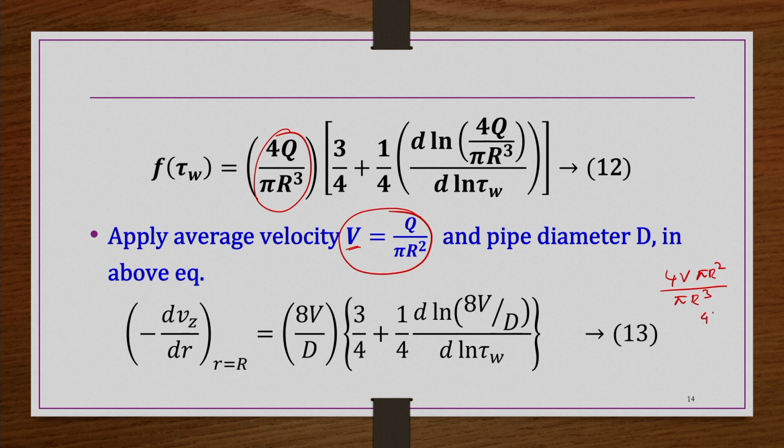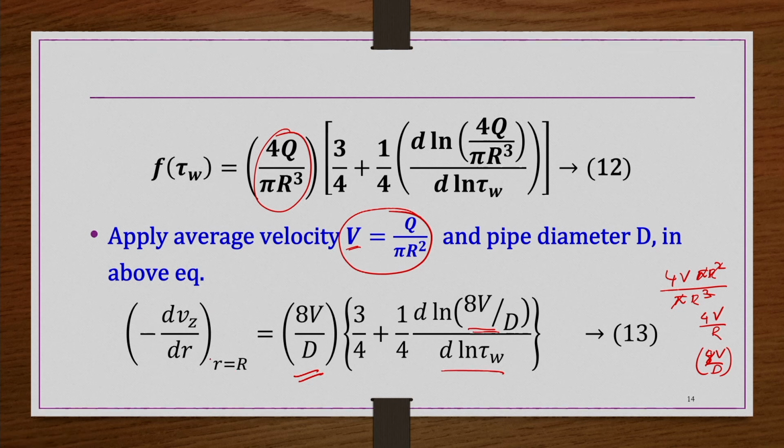So 4 v pi is cancelled out, square of here and then cube of here is gone. So then r we are having. Further, if you write r as d by 2, then 8 v by d we are having. So 8 v by d here, 3 by 4 plus 1 by 4 d ln of 8 v by d divided by d ln tau w. This is what we are having.